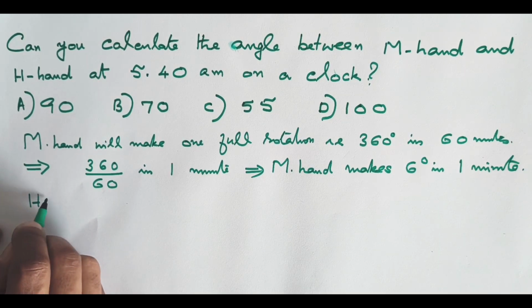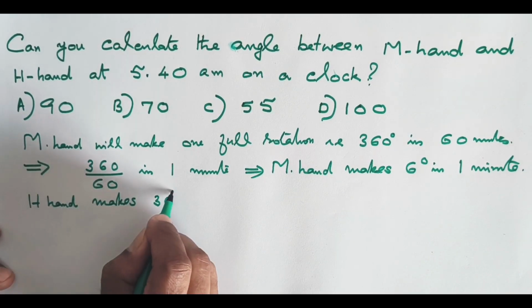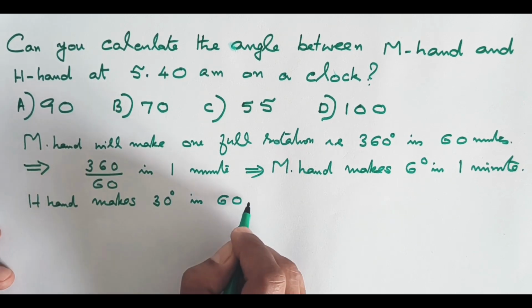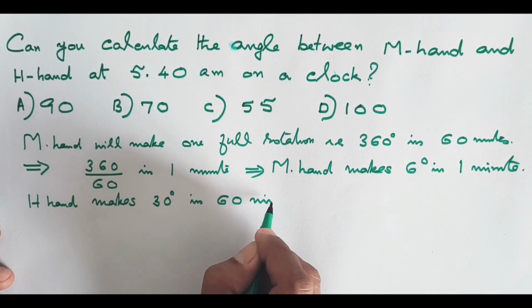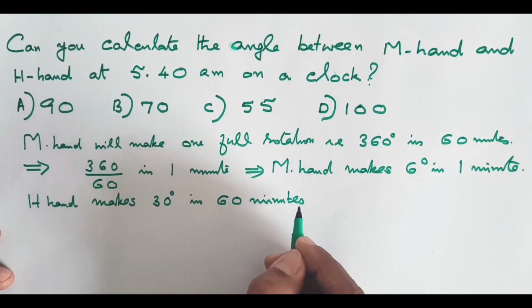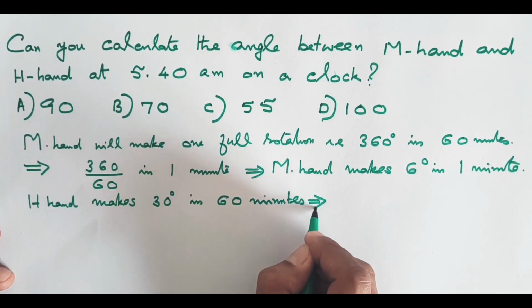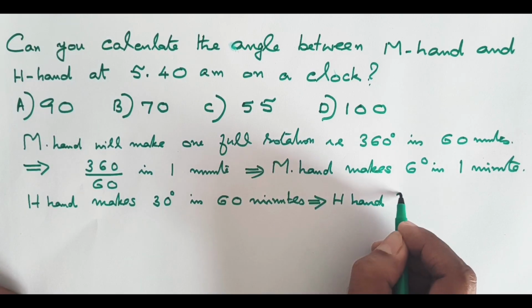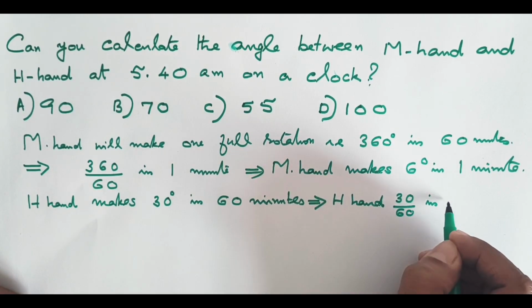Similarly, our hand makes 30 degree in 1 hour or 60 minutes. This implies our hand makes 30 by 60 degree in 1 minute.